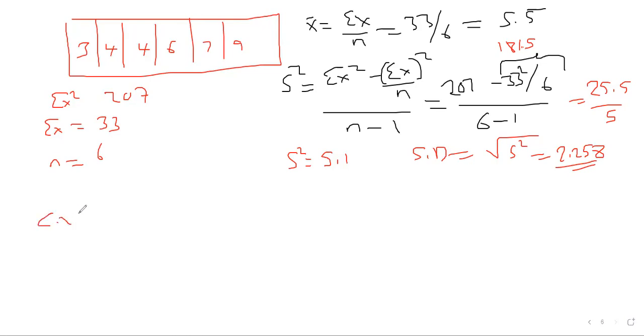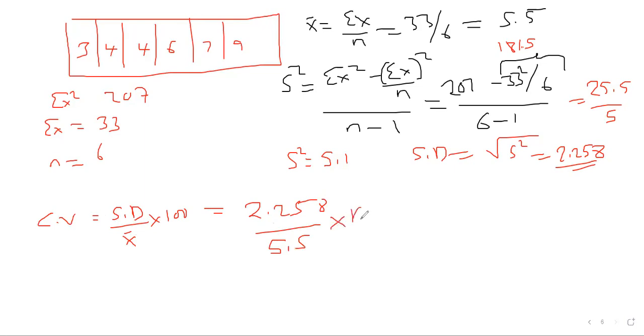Our coefficient of variation is the standard deviation over the mean times 100 in percentage, so 2.258 divided by the mean, which we found as 5.5, times 100. This gives us 41.1%.